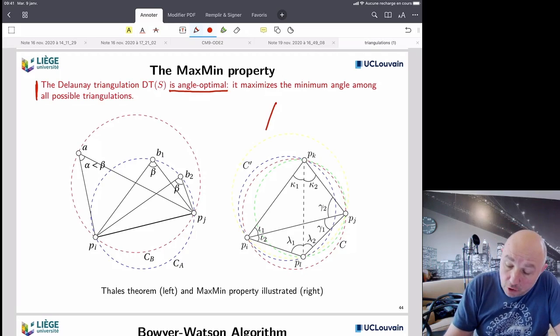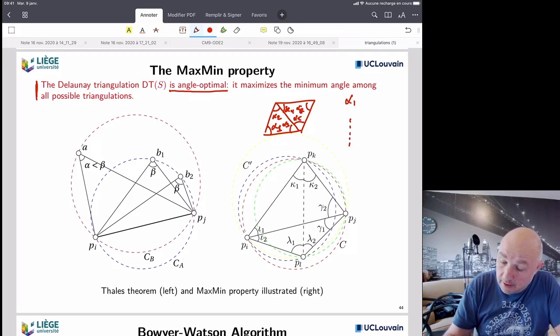If you take all the triangles of your triangulation and you take all the angles, alpha 1, alpha 2, alpha 3, up to alpha 3 multiplied by the number of triangles.